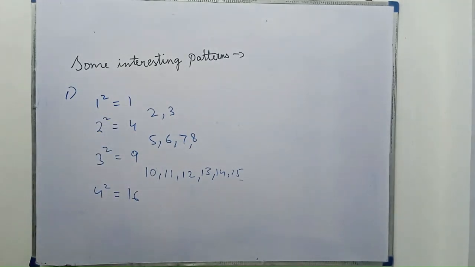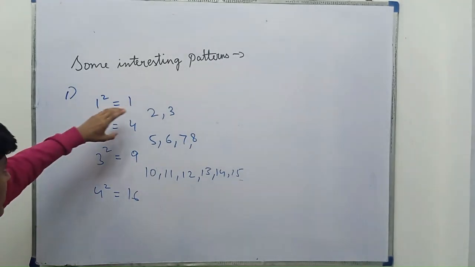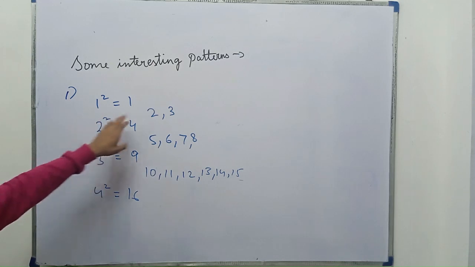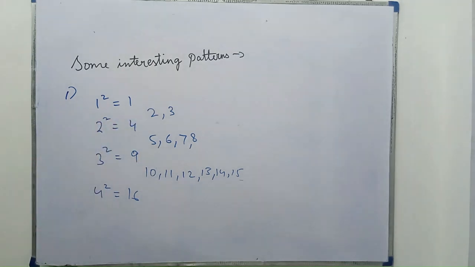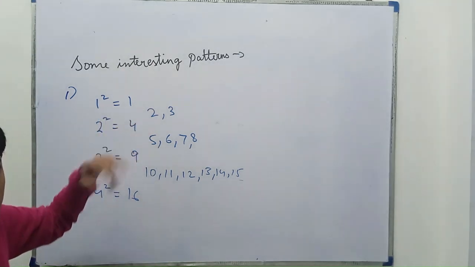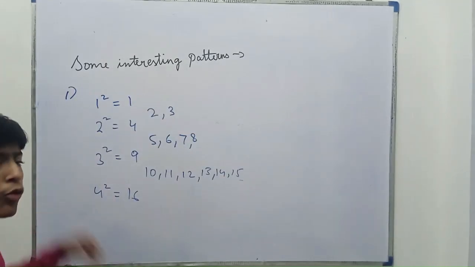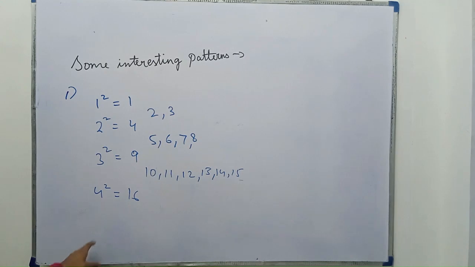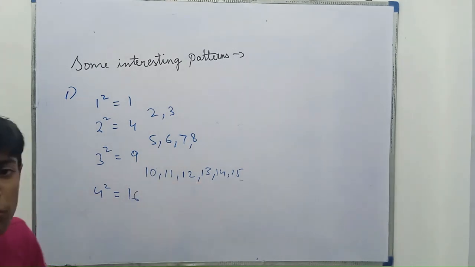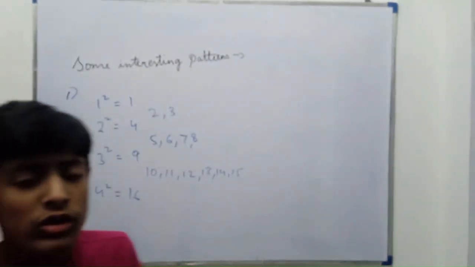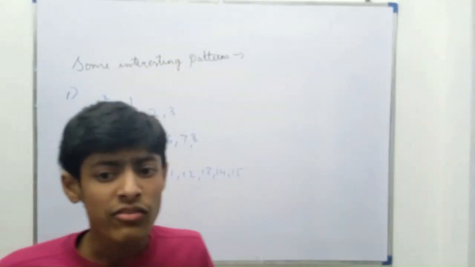Between the squares of consecutive numbers like 1 and 2, there lies an even number of numbers, like 1 and 2, then 2 and 3, 3 and 4 and more. Between 4 squared and 5 squared there lie 8 numbers, and then 10 numbers. Like this it continues. So let's see another interesting fact.